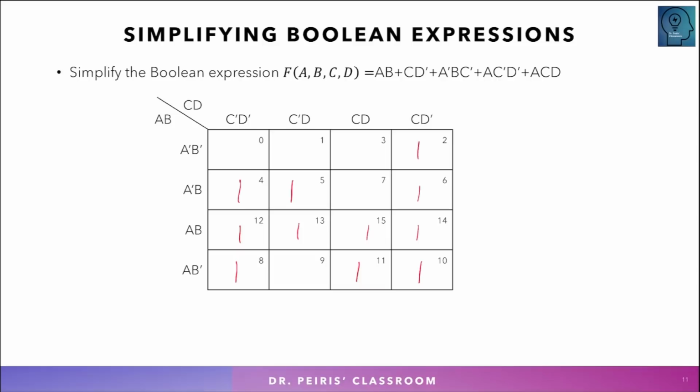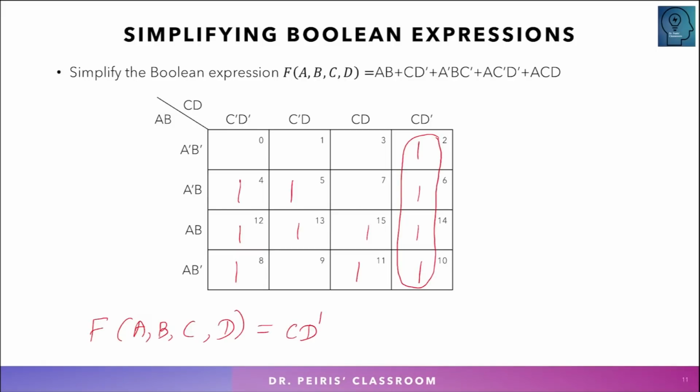Now how do we do this question? How do we group this one? You need to think a little bit, lots of ones everywhere, how to make the best possible grouping here. Definitely I can do this group here, the entire group CD prime.